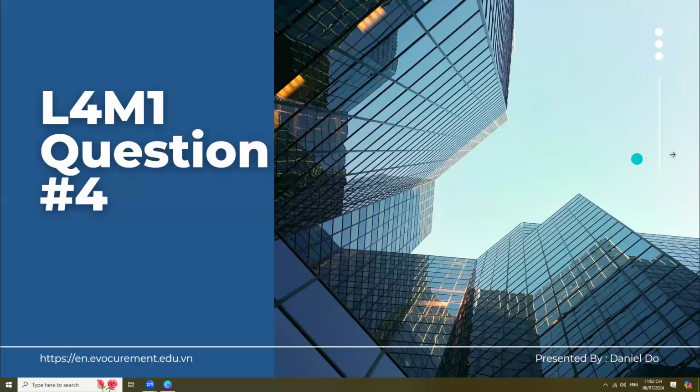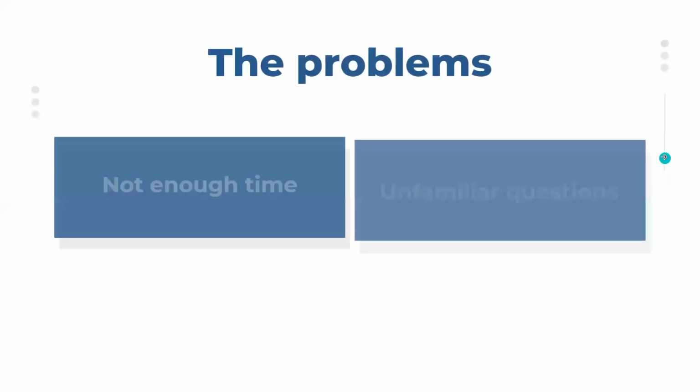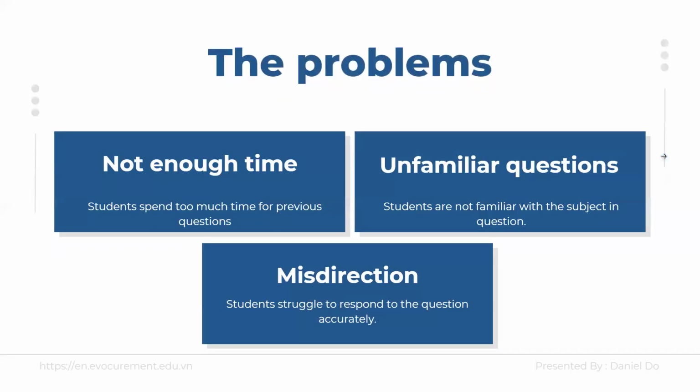So to start with, I should talk about the major problems students have when it comes to question number 4 in L4M1. The first thing is that although the exam doesn't provide any particular order for writing the answers, and you can prioritize anything, students tend to follow a sequence.